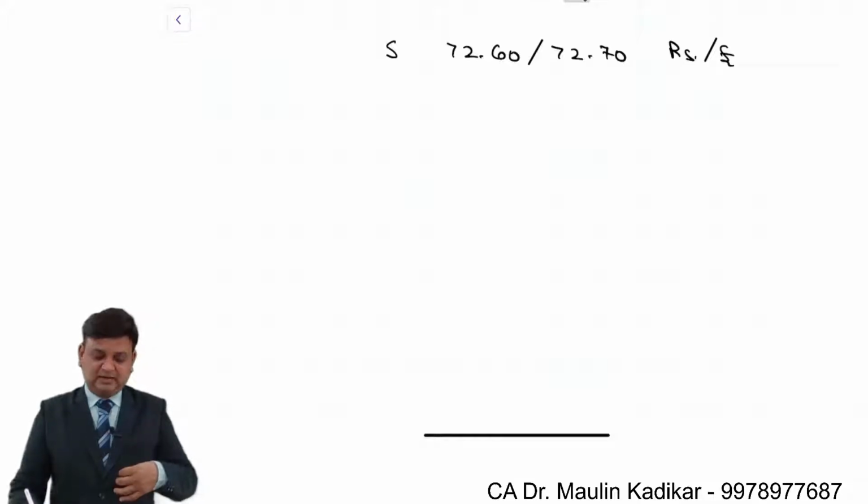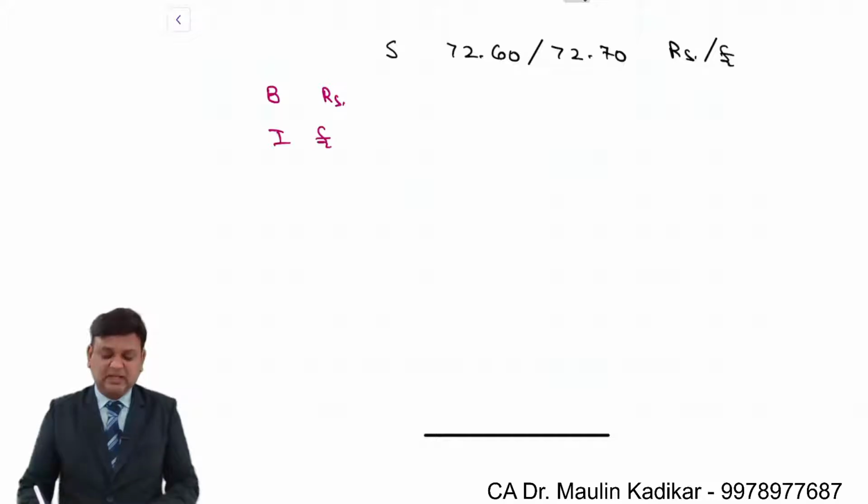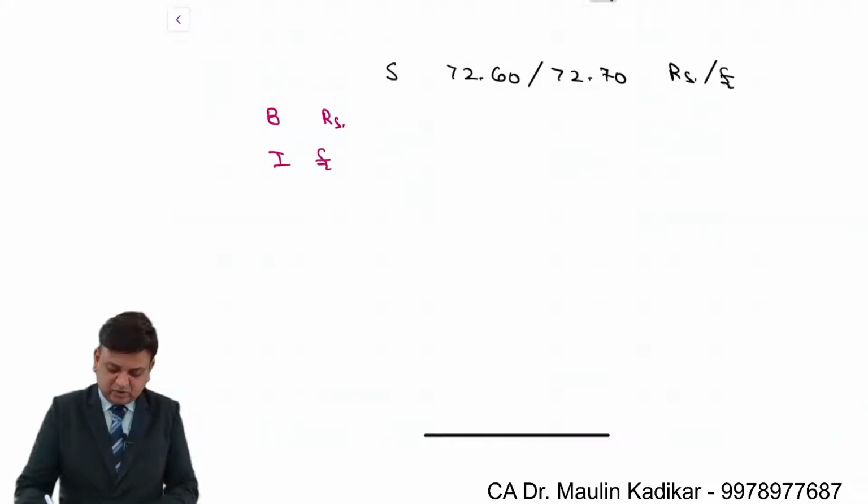We understand that if anybody is doing a transaction of borrow rupees and invest in pound, then he will borrow more amount of rupees and he will invest in pound.